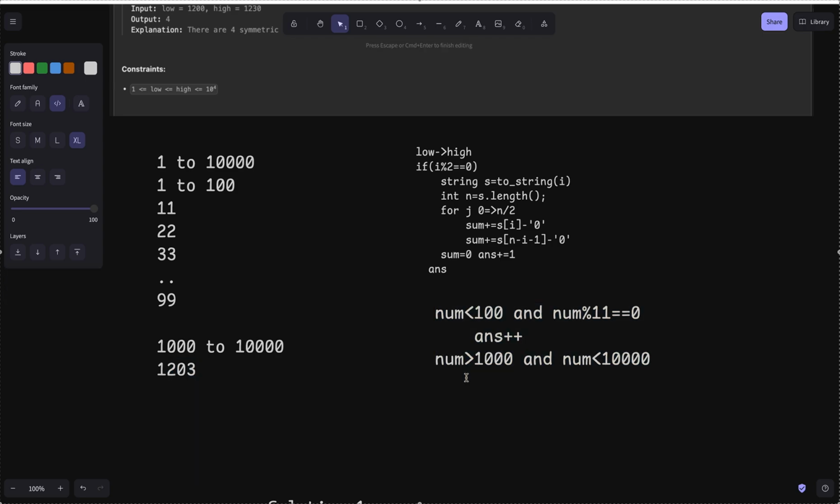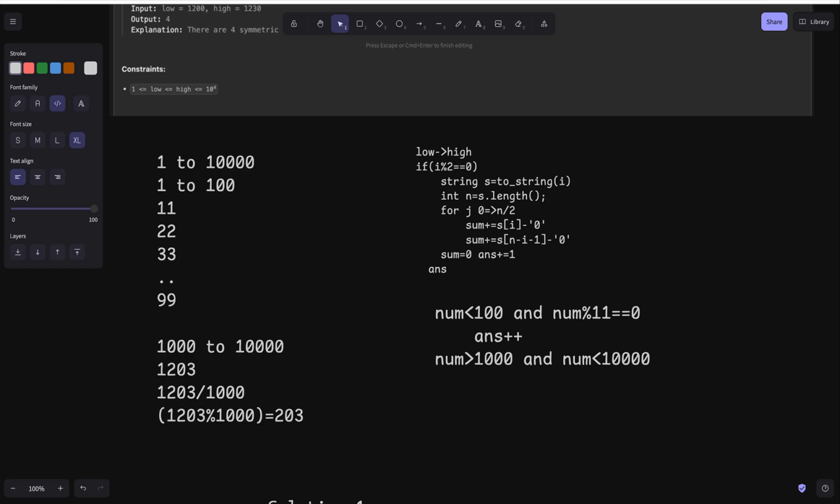To extract the left part, first what we would do, we can simply divide this number by 1000, then calculate the remainder also, and this remainder would come out to be 203.